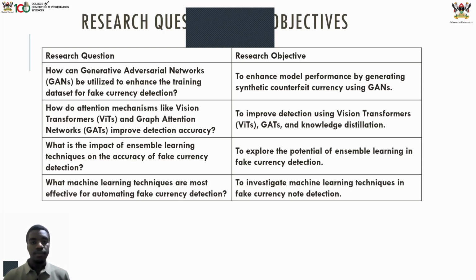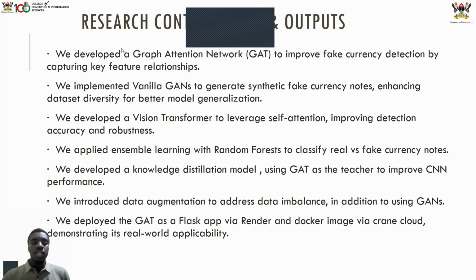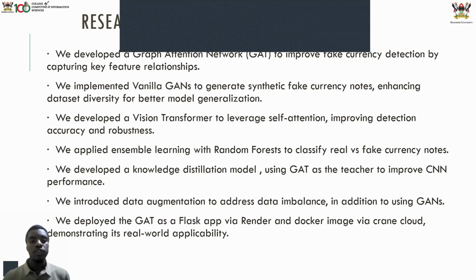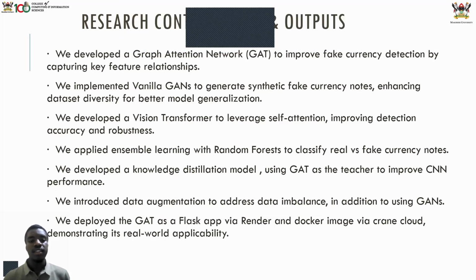Then on the research contributions and outputs, we developed a graph attention network to improve fake currency detection by capturing key features and relationships. Of course, here we use ORB for feature extraction, and then the Delaunay triangulation for drawing these graphs. Then we implemented vanilla graphs.